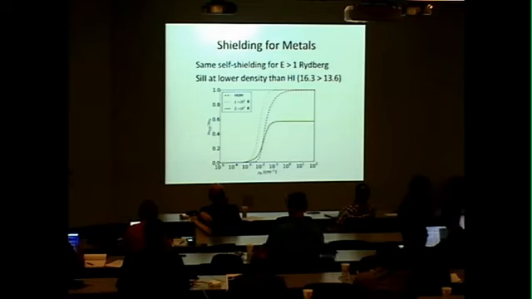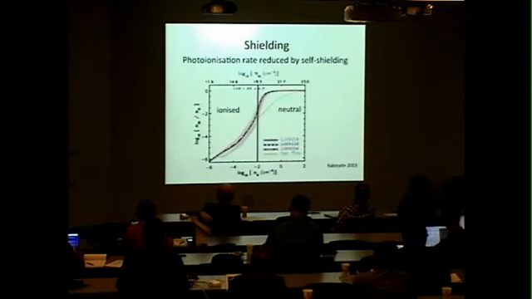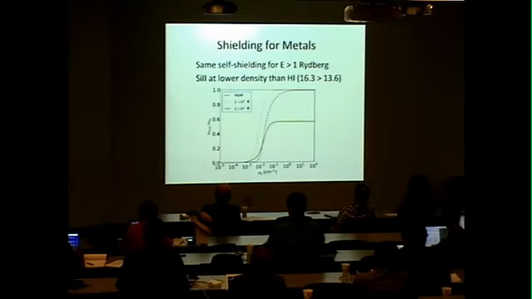I've checked this. The self-shielding is implemented by reducing the photoionization rate at high densities. So the UVB is attenuated; you don't get so many ionizing photons. I do the same thing.